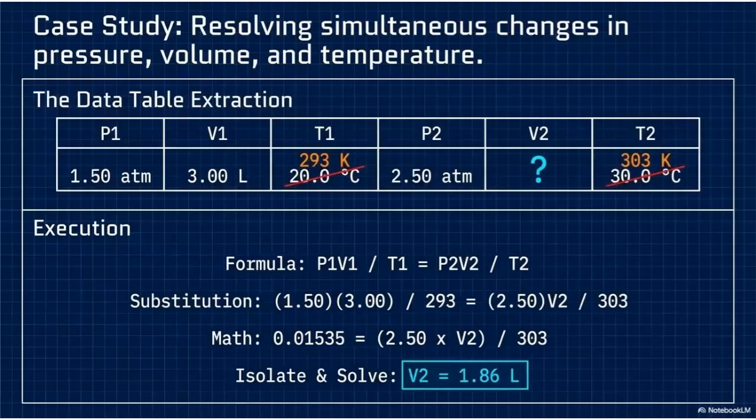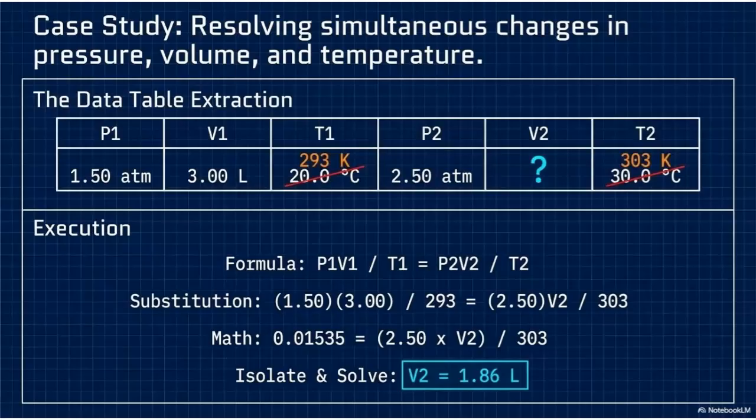So let's move on. Okay, the same way we did the other problems, I give you a set of conditions: pressure 1, volume 1, temperature 1, pressure 2, temperature 2. When you read the problems, you will see those values changing, and that's how you recognize it's a combined gas law.